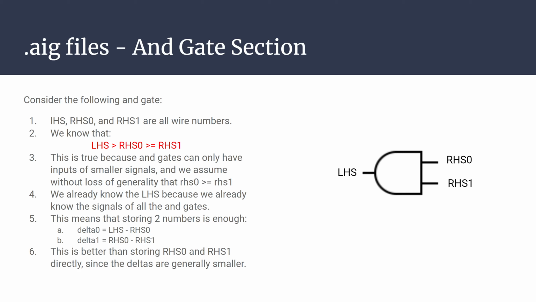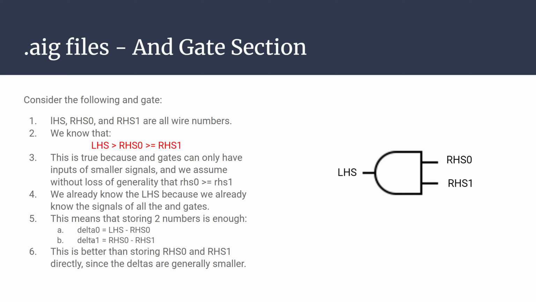Now, this means that all we need to store is right-hand side 0 and right-hand side 1. The reason why we don't store them directly is because they can be kind of big, so we use another trick: instead of storing them, we store the difference between left-hand side and right-hand side 0, and the difference between right-hand side 0 and right-hand side 1.